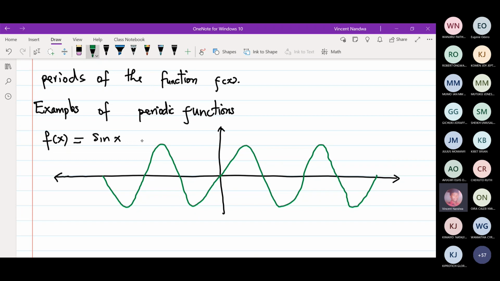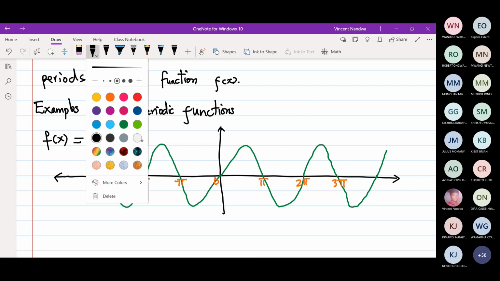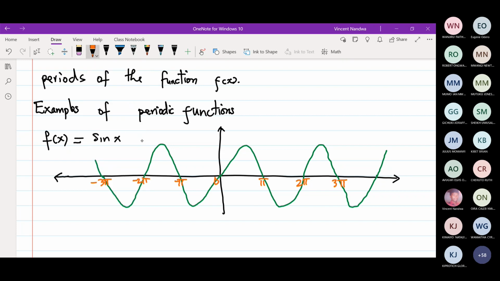So this is just as an example. Where this is 0, at this point we have 0, this is minus pi, minus 2 pi, minus 3 pi. This is pi, 2 pi, 3 pi. This will be 4 pi.